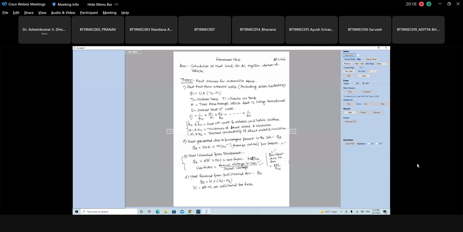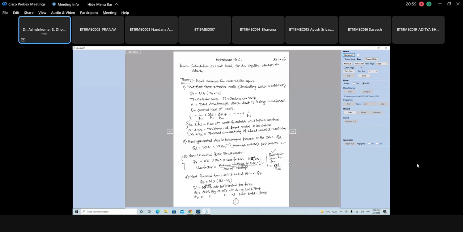This is not the weight, this has to be mass. H_D is the enthalpy of air at dry bulb temperature, and H_B is the enthalpy of air at wet bulb temperature.